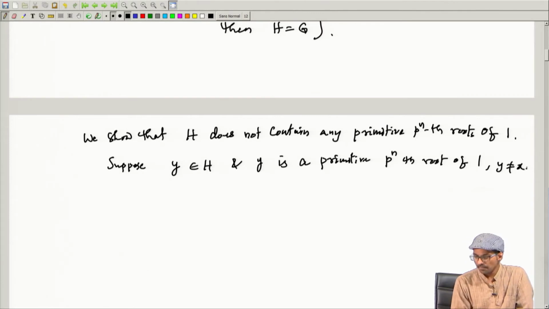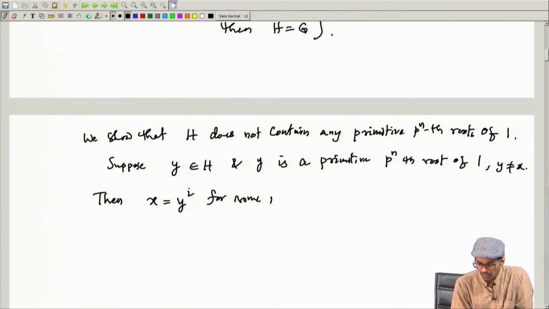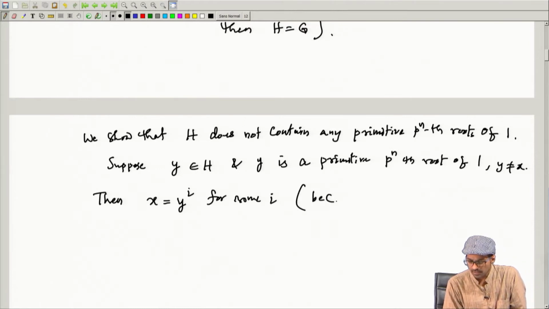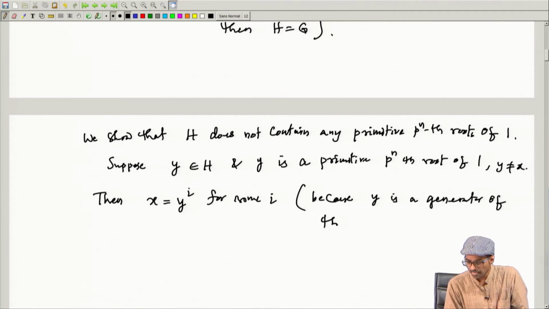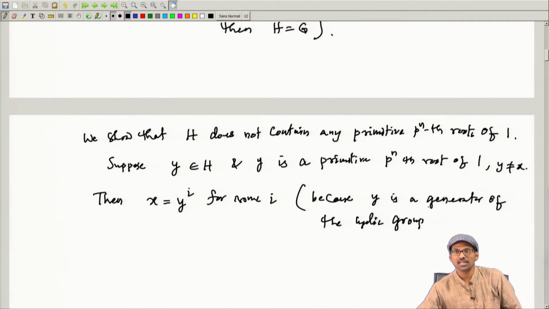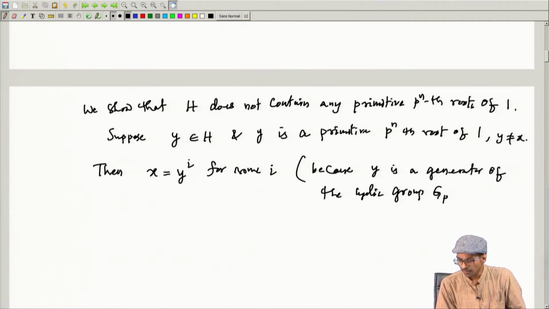Okay. So then x we can write as y power i for some i. Why? Because y is a generator of the cyclic group G p power n.